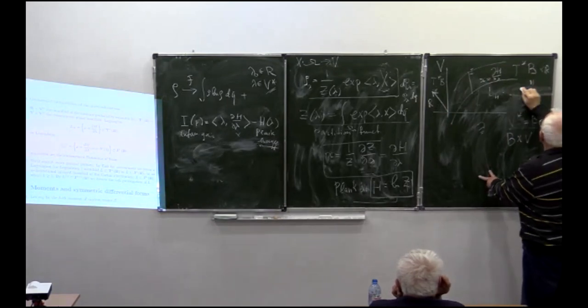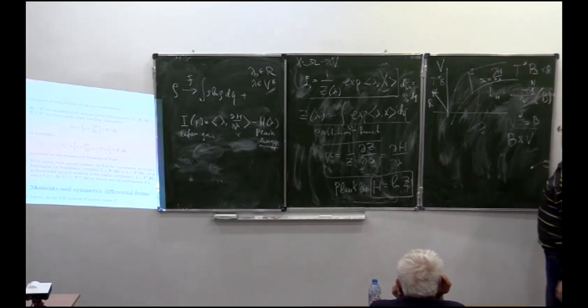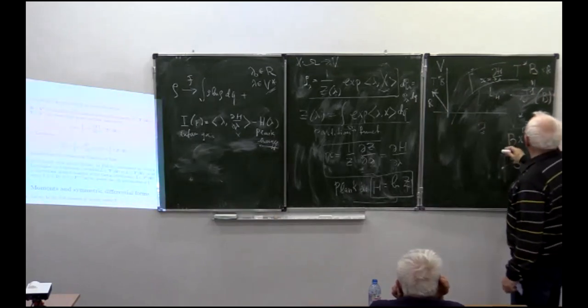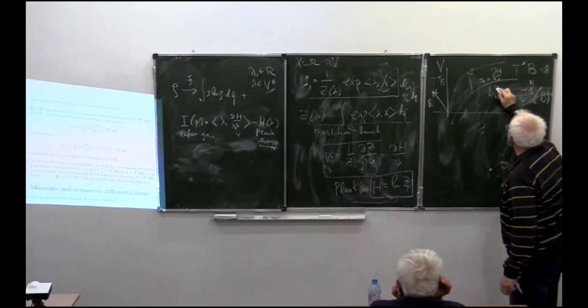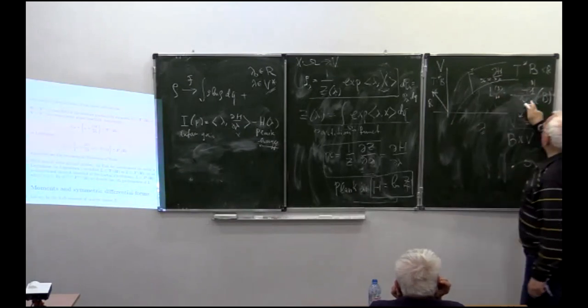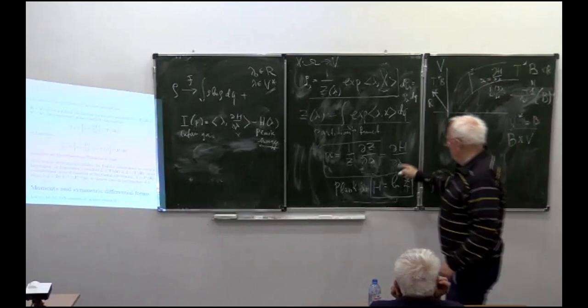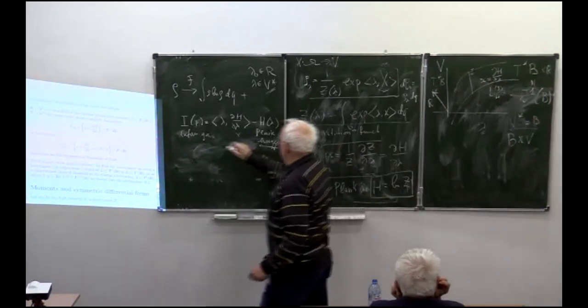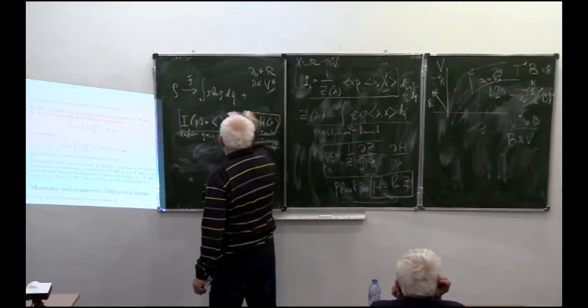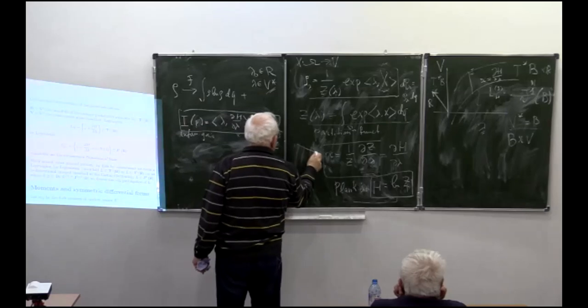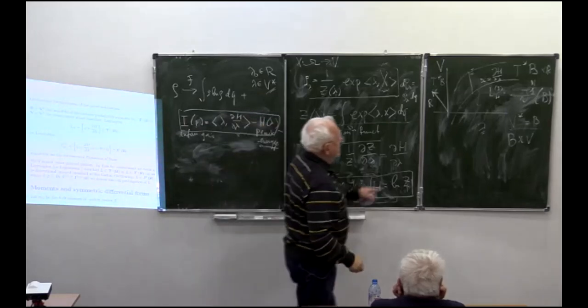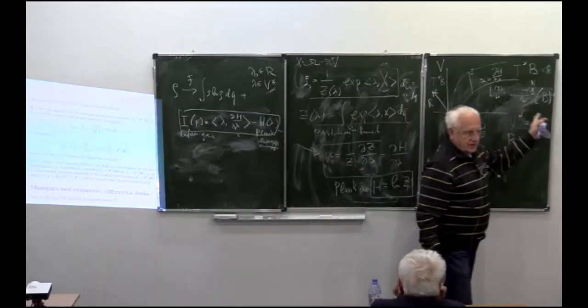It will really be the one-jets of functions on B, and I will denote this with label 1, and this will be Legendrian. So I will add here this expression. I will get a Legendrian manifold in one-jet space.